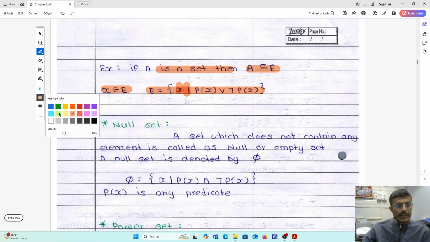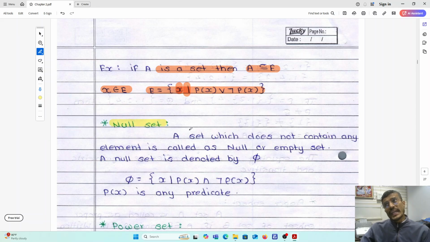Then next one, null set. What is meant by a null set? If a set is given to you and it does not contain any element, then it is called a null set. Or you can say, if the set has cardinality equal to 0, then it is called a null set. It does not contain any element or object.